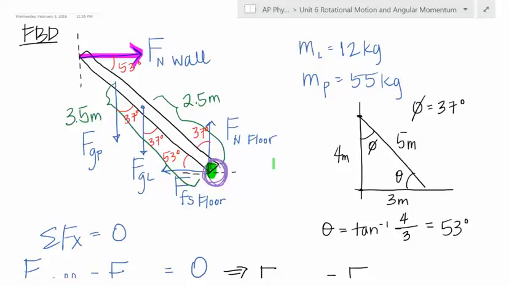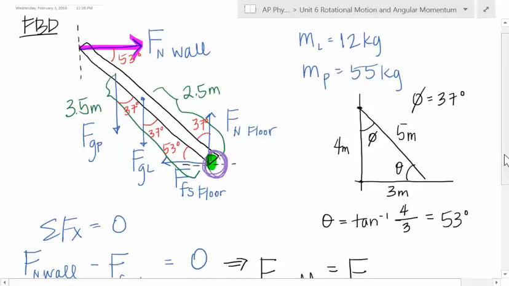Okay? So, here we go. Now, if you just look at the force the wall applies, and that was all you're looking at, and you don't care that it's a ladder, here's a pivot point, here's a rod, and here's a force. Which way would that force from the wall cause the thing to rotate?